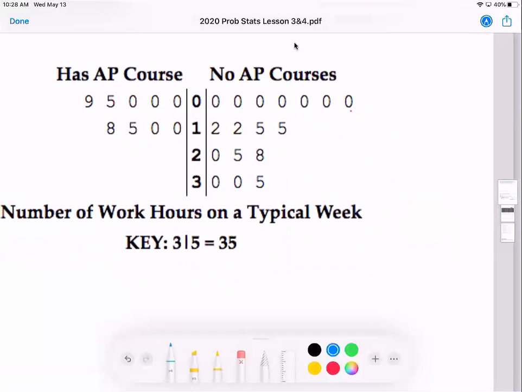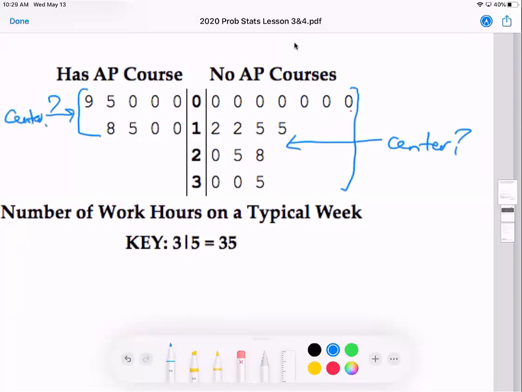So if we're just eyeballing it, it looks like the center here is kind of right in between. Compared to here, the center might be a little bit lower, like in between here. Center, question mark, center. So it looks like the students who don't have AP courses have a higher center, a higher average or median.